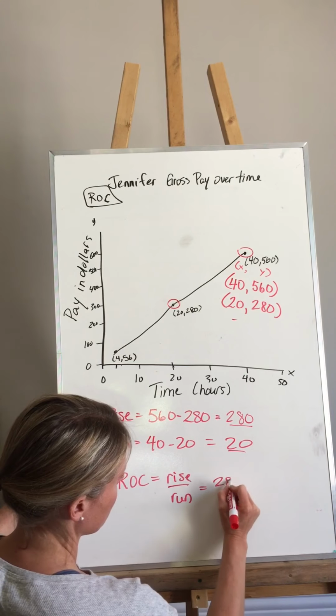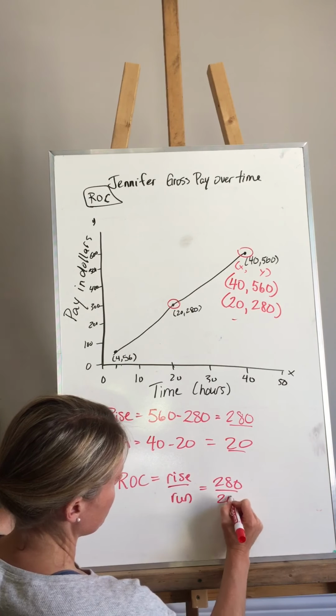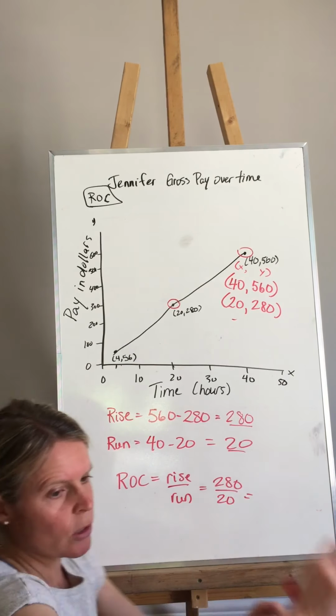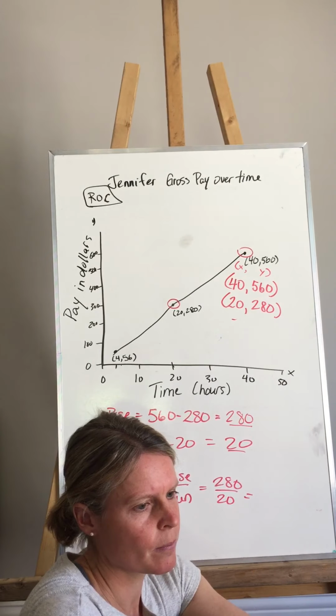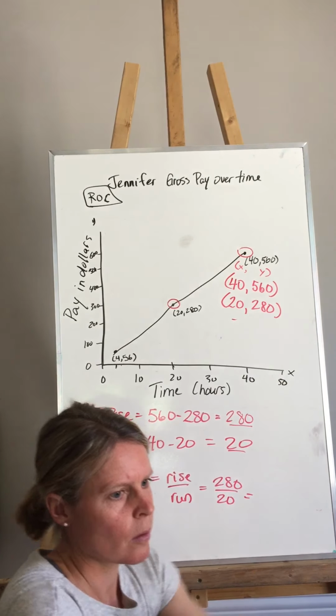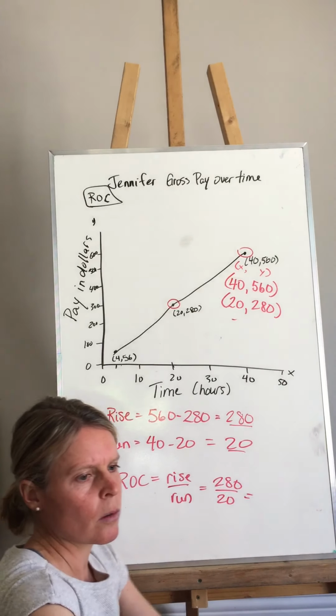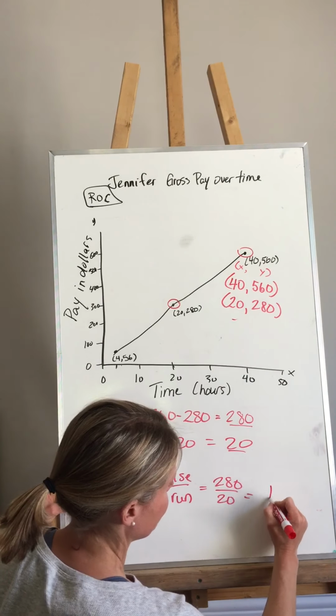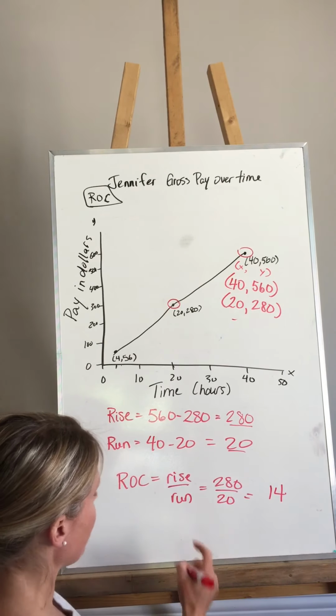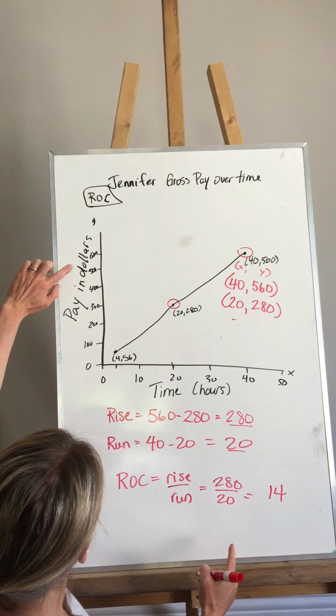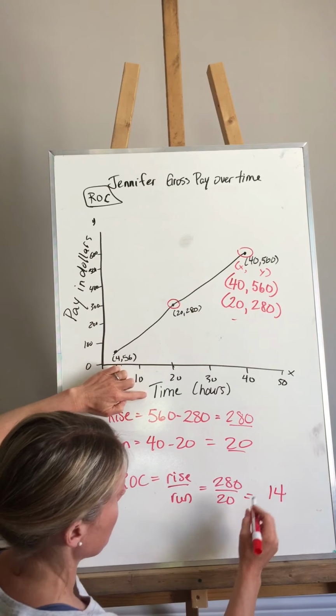So that's 280 divided by 20. That should be 14. Yeah, so 14. Okay, so basically that means that she is making $14 an hour.